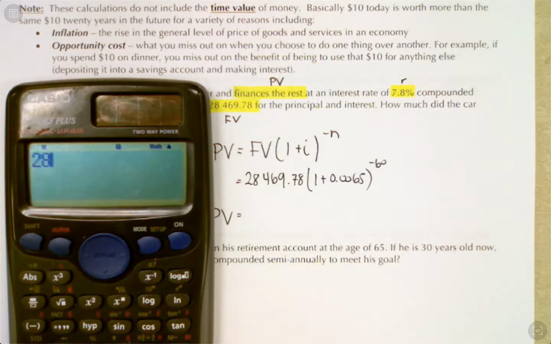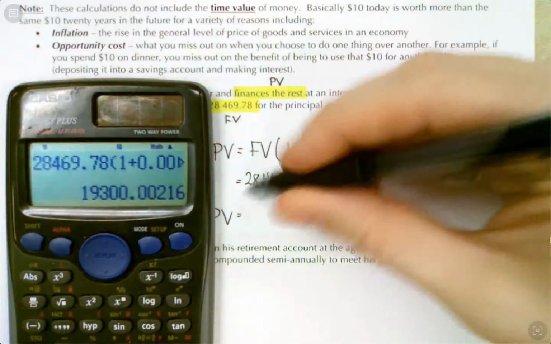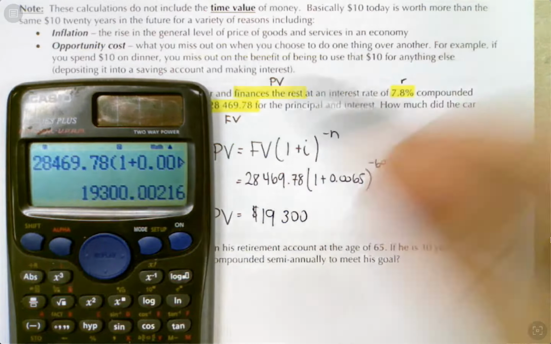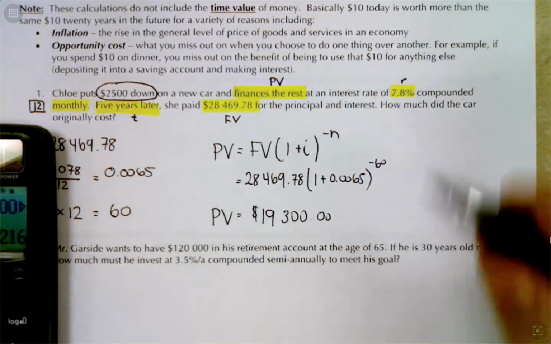So here we go, 28,469.78 bracket 1 plus 0.0065 close bracket exponent and then negative 60. And we get a nice number, 19,300 even. There's the present value.